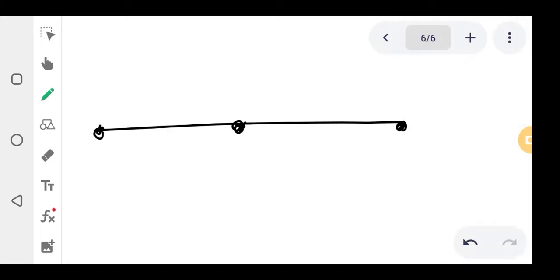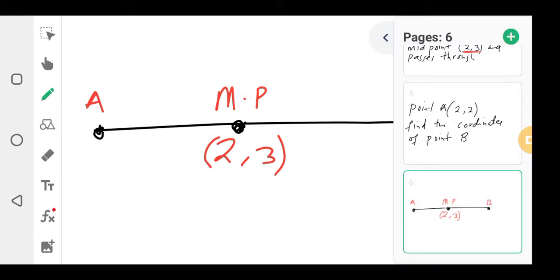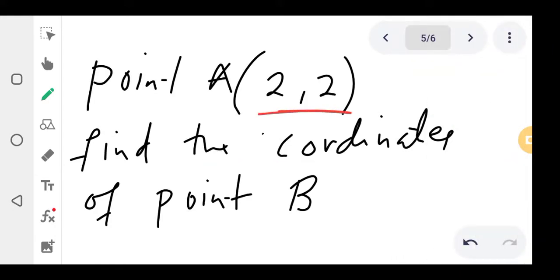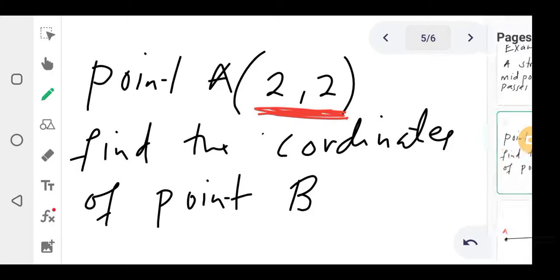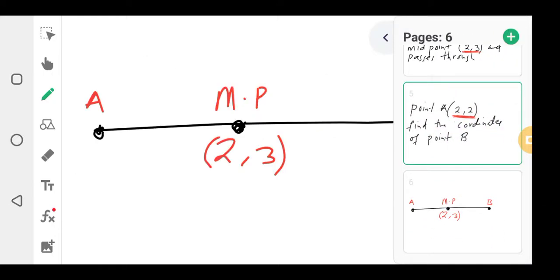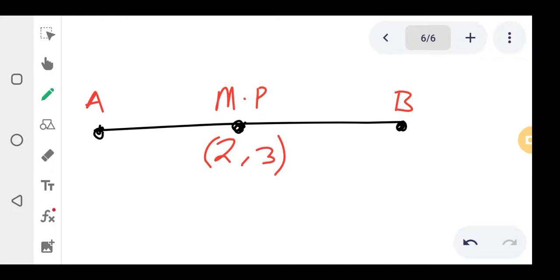Point A is here, and point B is this side, depending on how they have named the points. Point A is (2,2). They want us to find the coordinates of point B, x, y.